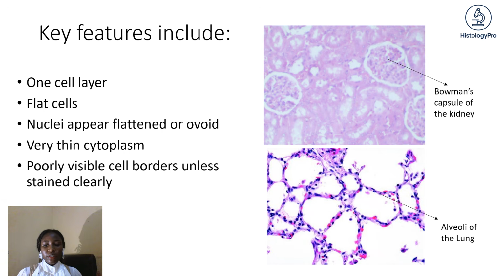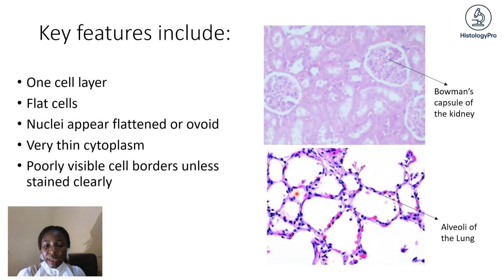Key features in simple squamous epithelium you should look for include one cell layer, only one layer of cells, and flat cells. The nuclei appear flattened. As you can see in these alveoli, this is a simple squamous epithelium.